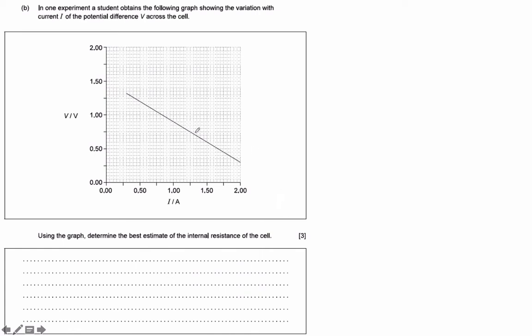In one experiment, a student obtains the following graph showing the variation with current I of the potential difference. This is exactly like our lab. Using the graph, determine the best estimate of the internal resistance of the cell.